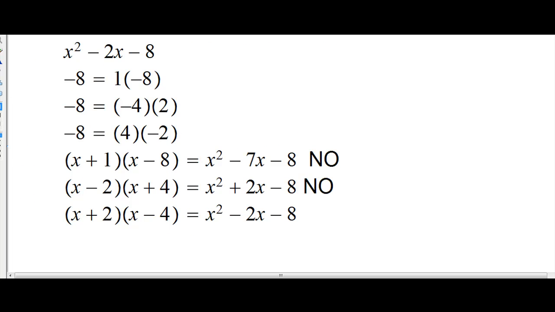Everybody okay on this whole procedure where we went on trying and trying until we got our good smiley answer, right? And you will see that sometimes it may not factor with integers. Then we will say, well, we can't factor it with integers.